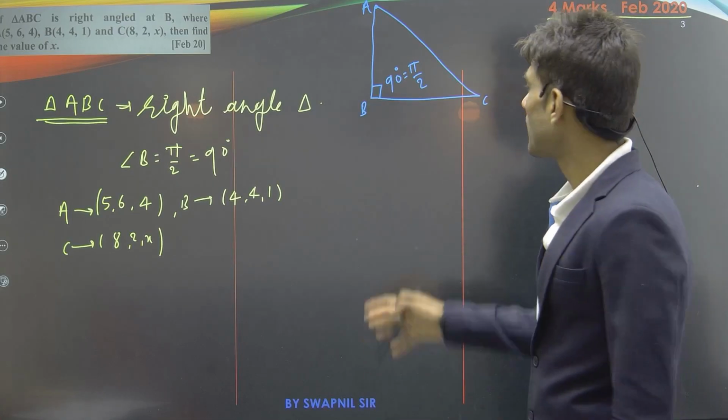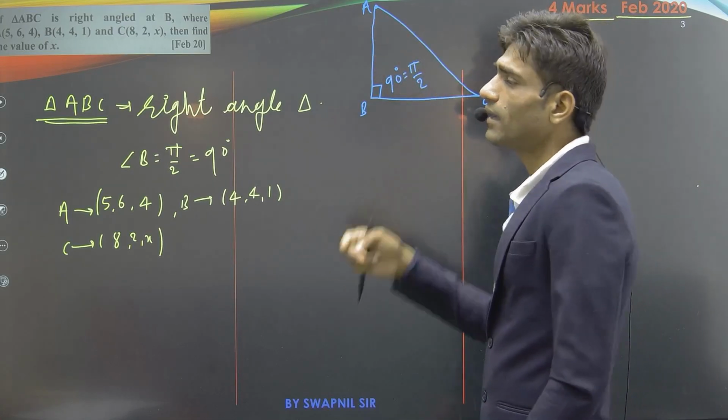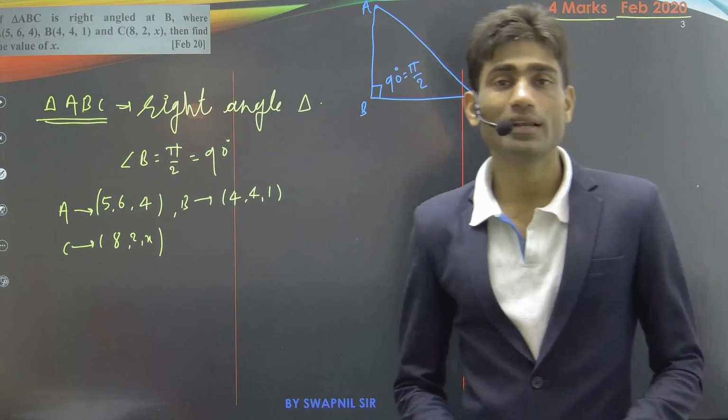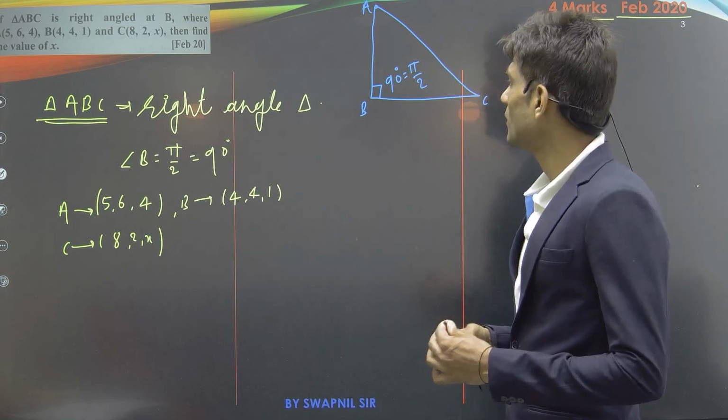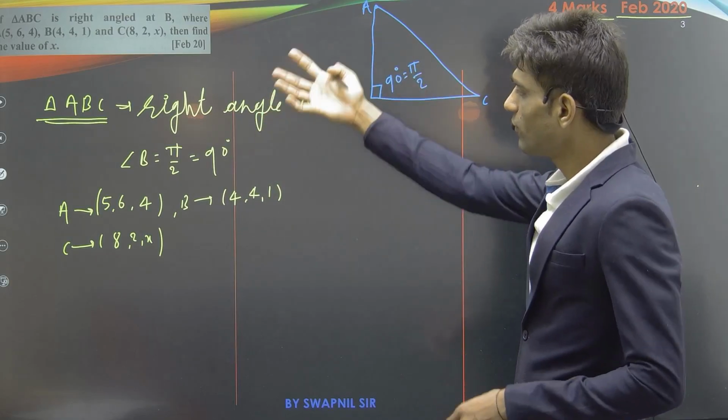If it is a right angle triangle, obviously angles A and C are less than 90 degrees.